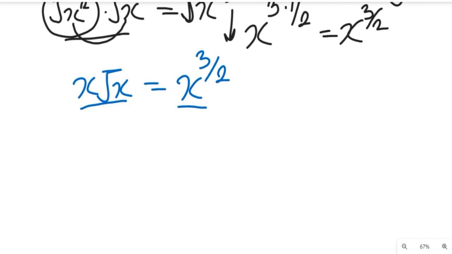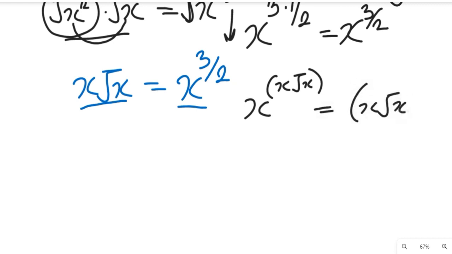Remember the question, we are given that x to the power of x root of x is equal to x root of x all to the power of x.